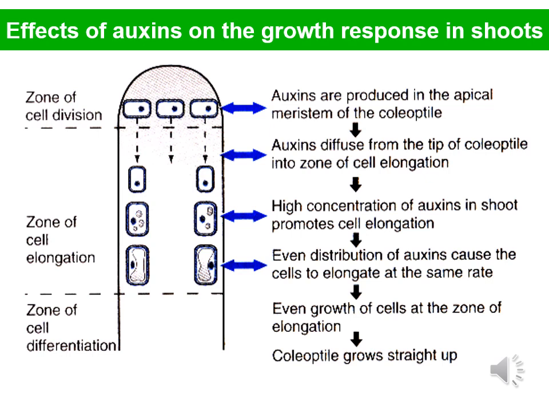And then after that, auxin will diffuse from the tip of the coleoptile, move into the zone of cell elongation. And then the high concentration of auxin in the shoot promote cell elongation. Okay, and then even distribution of auxin cause the cell to elongate at the same rate. Even growth of cell of the zone of cell elongation and coleoptile will grow straight up.